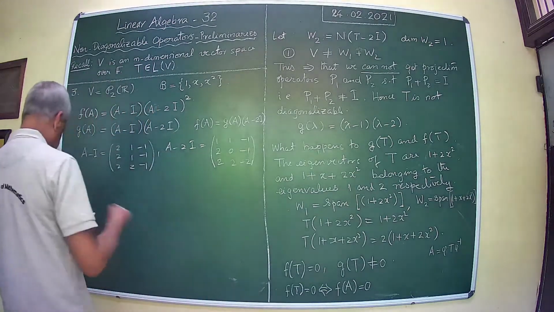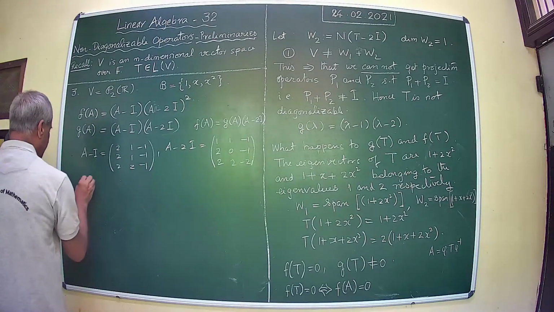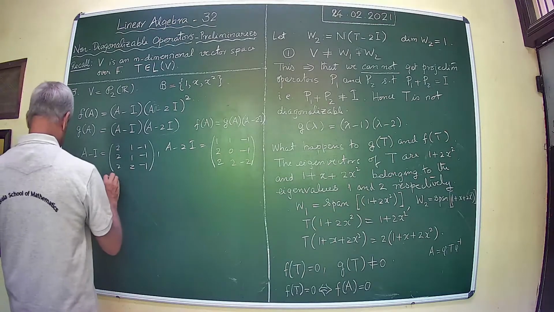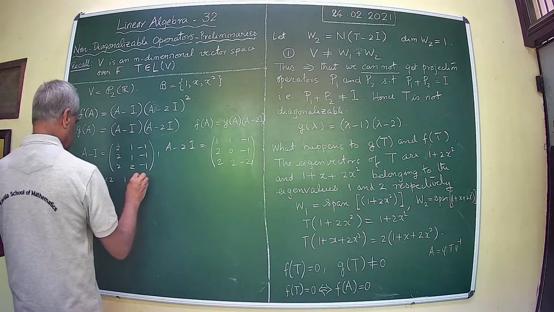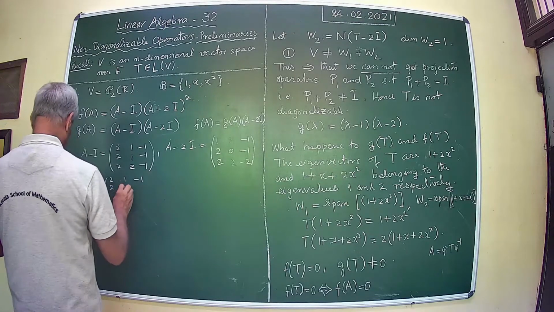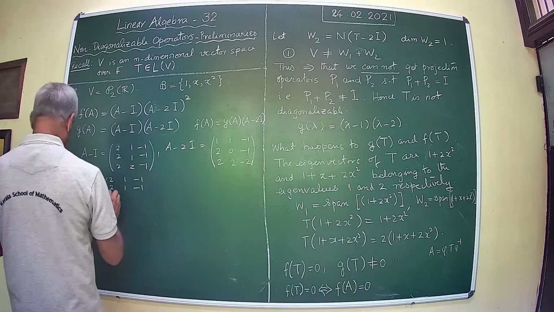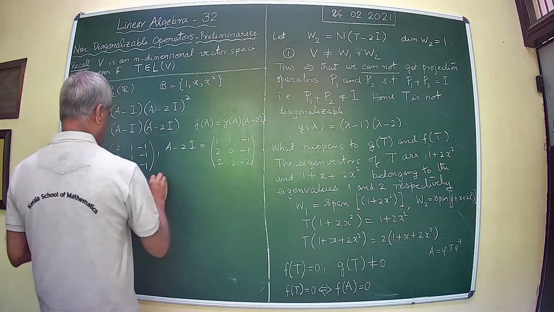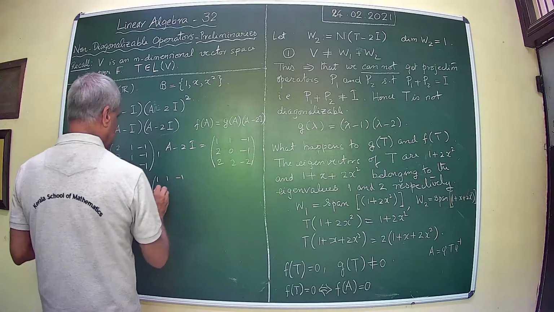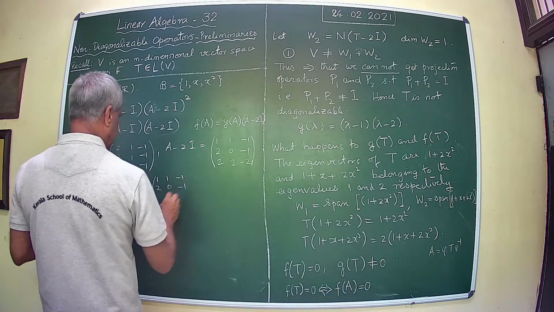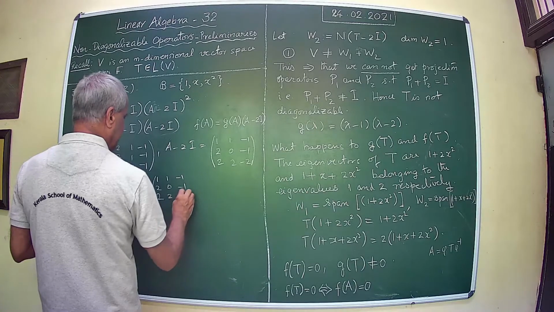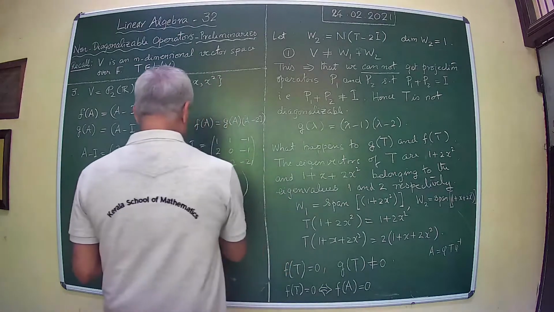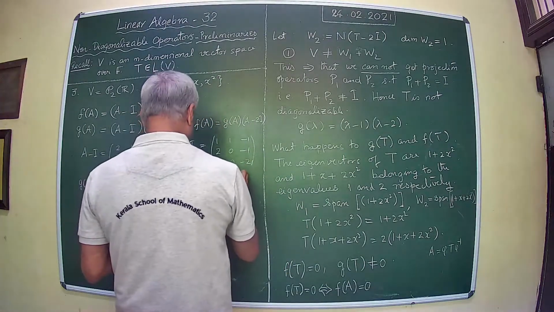Now let us compute g(A). This is equal to (A minus 2I) multiplied by (A minus I), with A minus I being 1, 1, minus 1; 2, 0, minus 1; and 2, 2, minus 2, and that turns out to be a matrix with entries 2, minus 1 and so on.